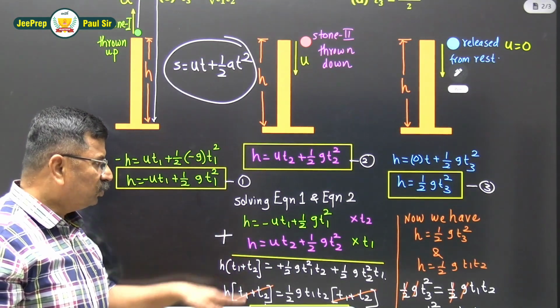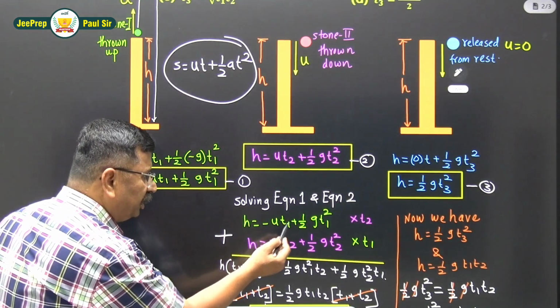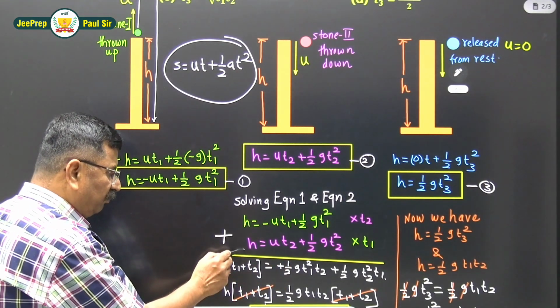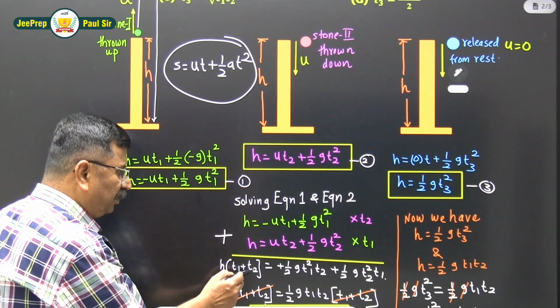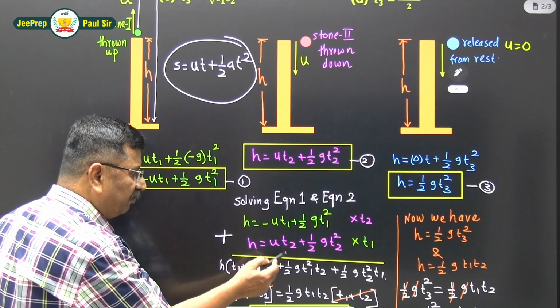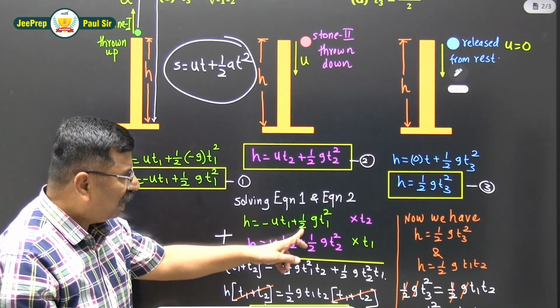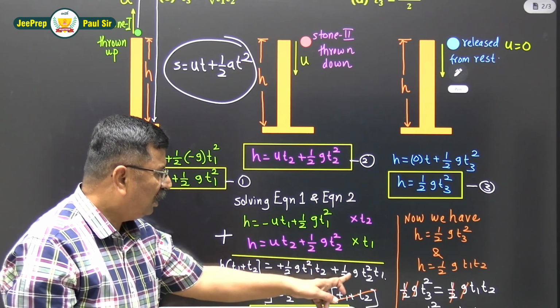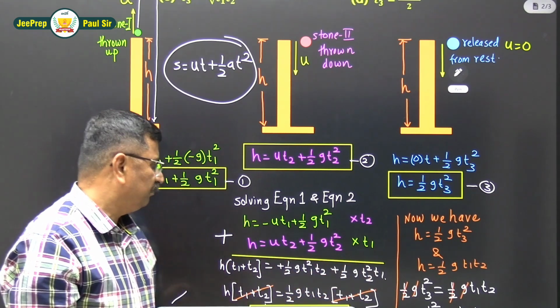Now when you add these two equations, the minus ut1 t2 and plus ut1 t2 get cancelled, and the left side will be h into bracket t1 plus t2 is equal to half g t1 square t2 plus half g t2 square t1.